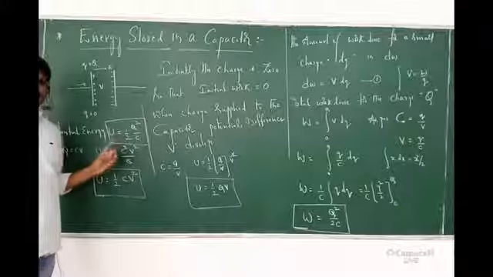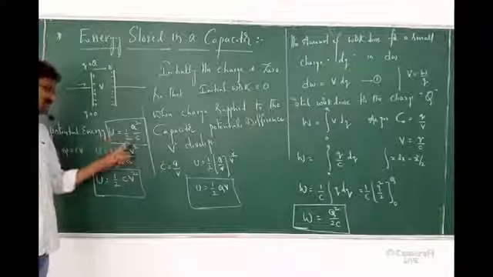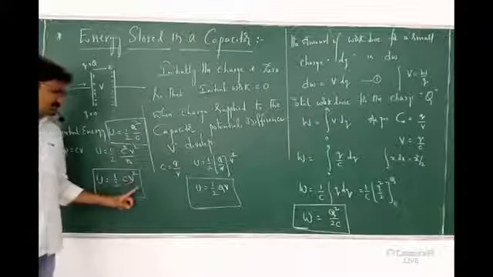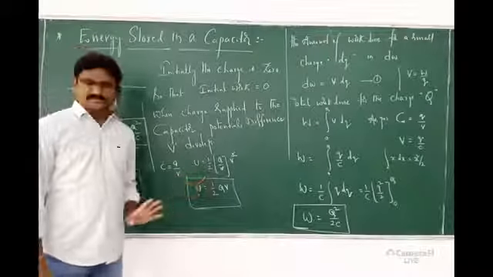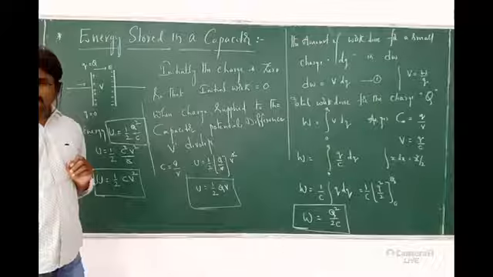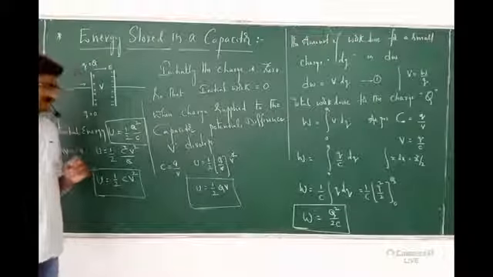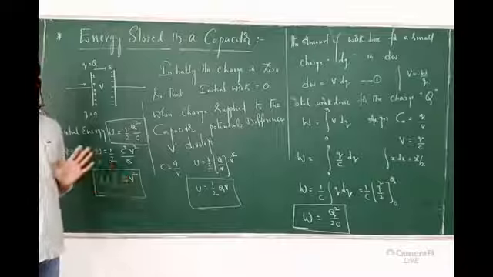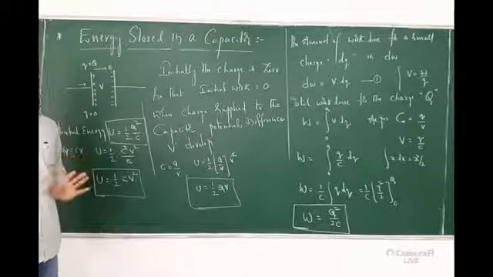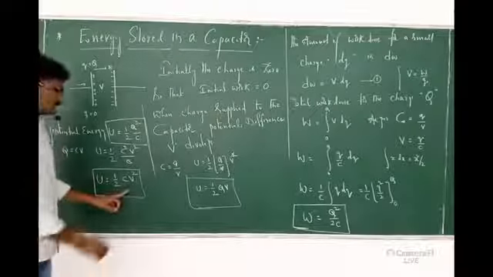Half Q square by C, half CV square, U is equal to half QV. Which is the convenient formula? See, for objective purposes or any other purpose, which formula is the most convenient? The standard formula is half CV square.